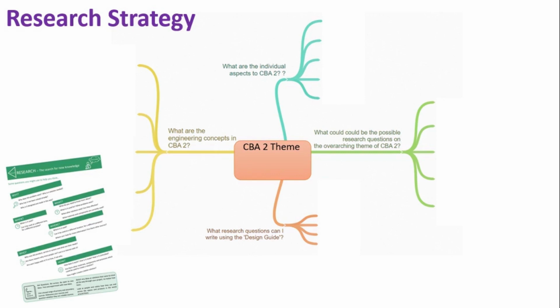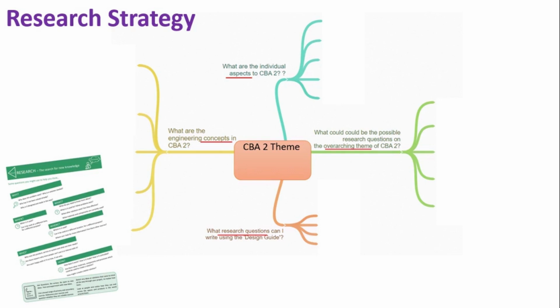In CBA 2, students are asked to carry out research. They can research concepts related to the theme, specific aspects, or research concepts related to the theme as a whole. A brainstorming activity such as this may be useful for establishing research questions, planning for the CBA, and engaging your students in the CBA.